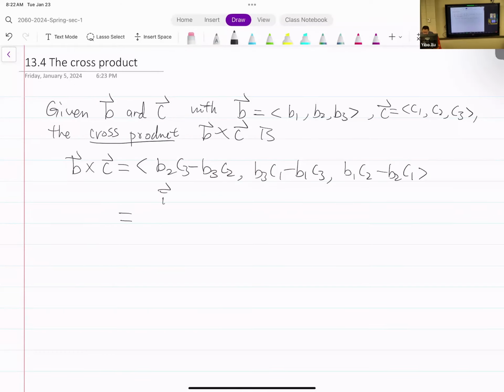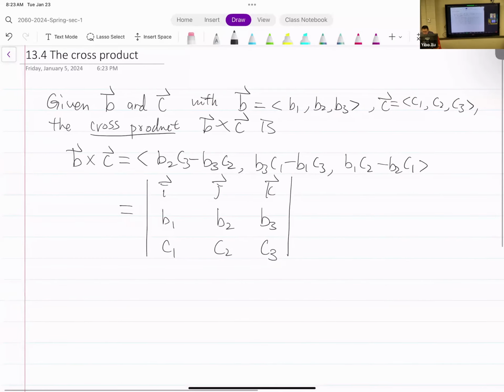But in this section, we're going to introduce another way of representing the cross product, which is a 3x3 determinant, where we put i, j, k, the standard basis, on the first row, and we put the vector B on the second row, and the vector C on the third row.